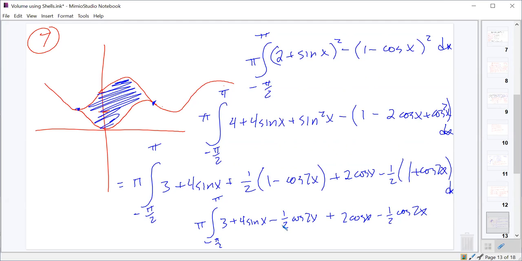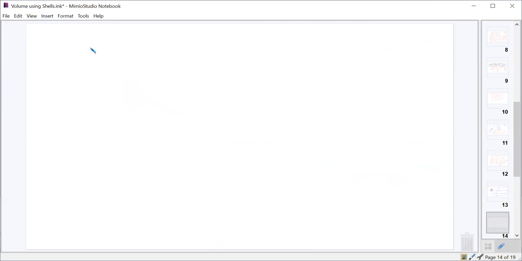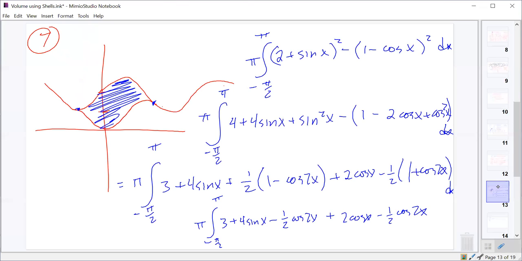And I guess we could combine the minus 1/2 cosine 2x and the other 1/2 cosine 2x to just become a minus cosine 2x. So I guess I was wrong. There's still one more simplification. 3 minus the cosine 2x, we have a plus 4 sine x and a plus 2 cosine.